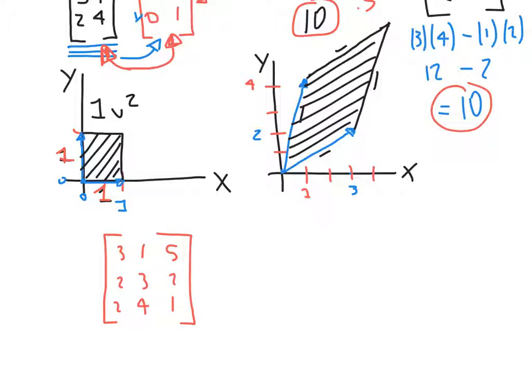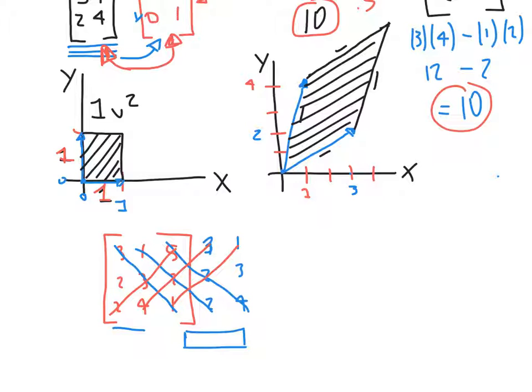There is another procedure in which we can, for example, copy these first two lines here, 3, 2, 2, 1, 3, 4, and then we will do some multiplications here, and then in this other direction, and we will get all the blues and sum them, and all the reds and sum them also, and then we will subtract one from the other, and this will give us the determinant.